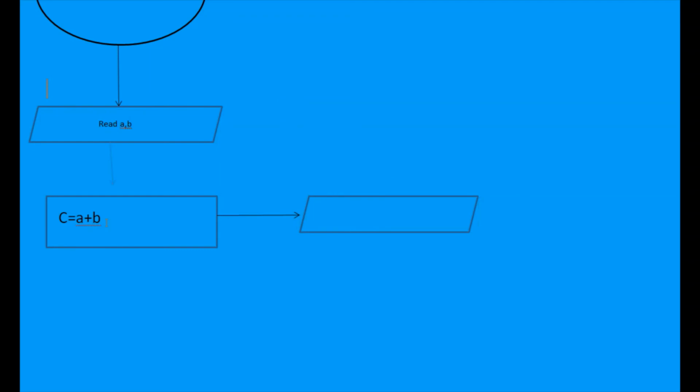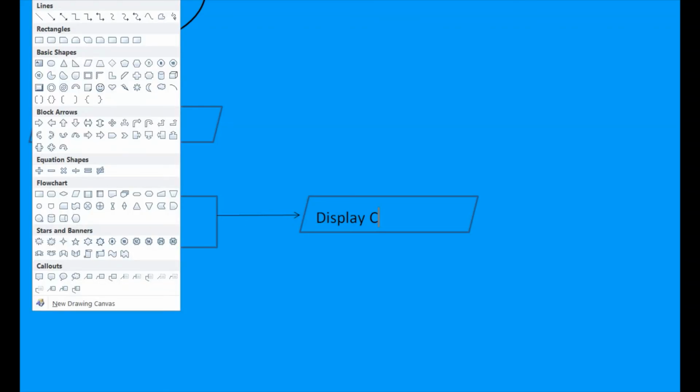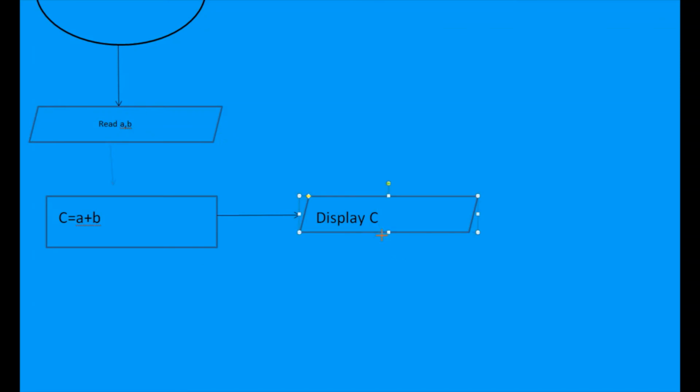Now similarly I will go here, and here I will write display C. Next one I will get down below, you can see that I have much more space, so I am doing this. But if you have greater space in your notebooks, you can just do it there.